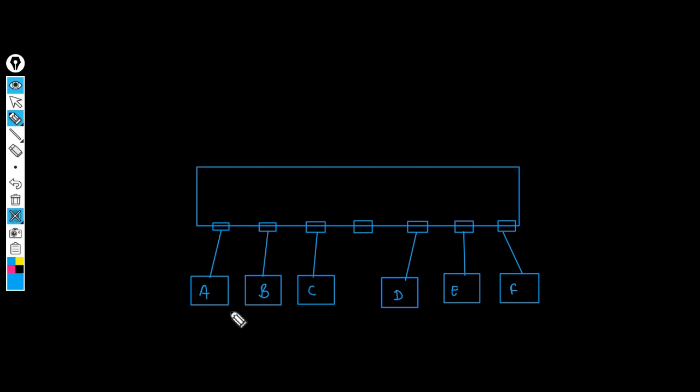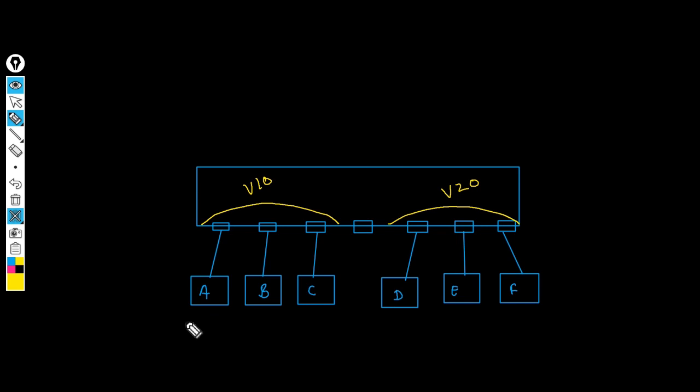Let me take one more important point here. Consider this group is in VLAN 10 and this group is in VLAN 20, and the IP addresses of these PCs are from these ranges.